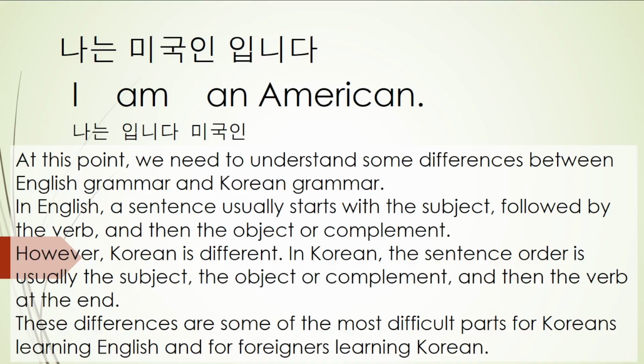In Korean, the sentence order is usually the subject, the object or complement, and then the verb at the end. These differences are some of the most difficult parts for Koreans learning English and for foreigners learning Korean.